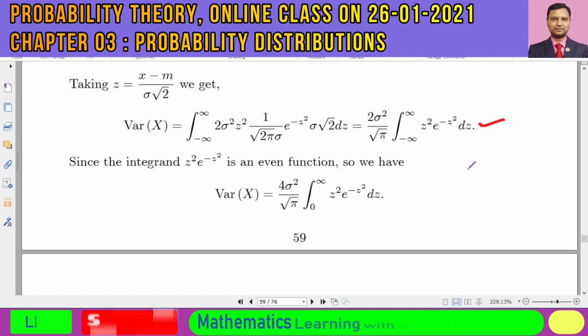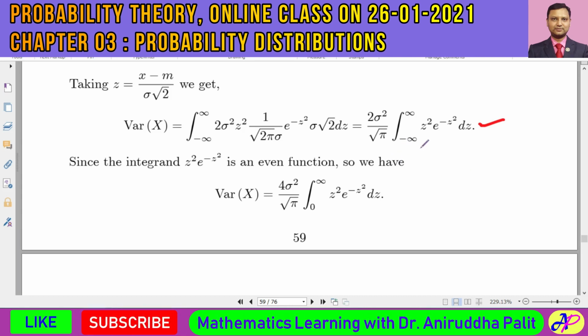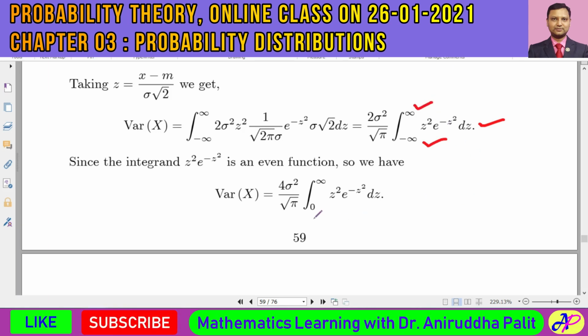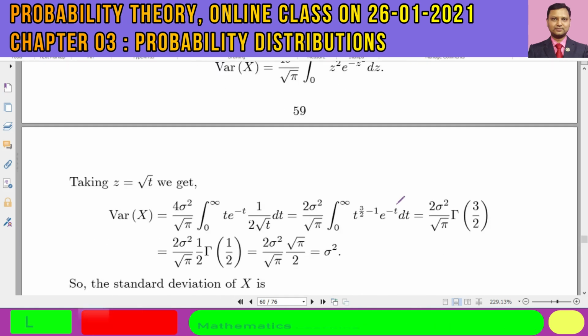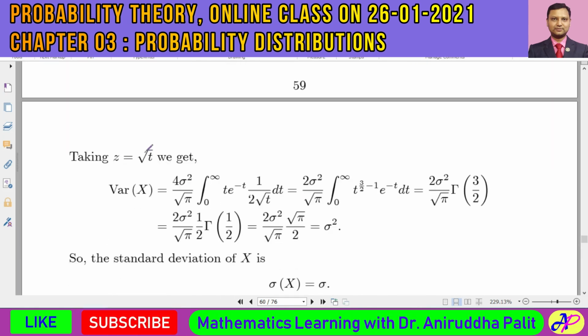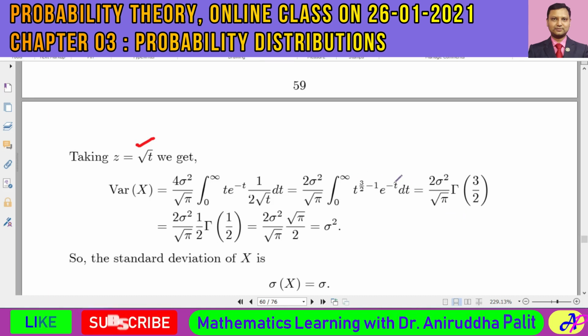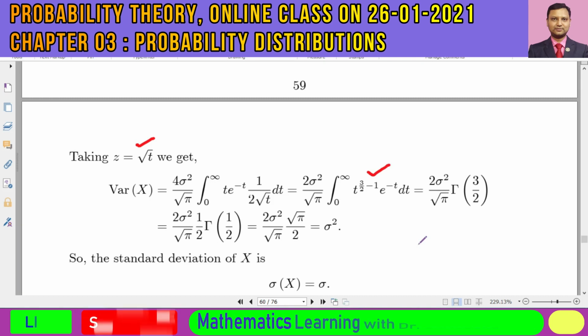And this is an even function, so in this range, minus infinity to plus infinity, we can convert it into 2 times the integral from 0 to infinity. Afterwards we can put z square is equal to t, or z is equal to plus root of t.